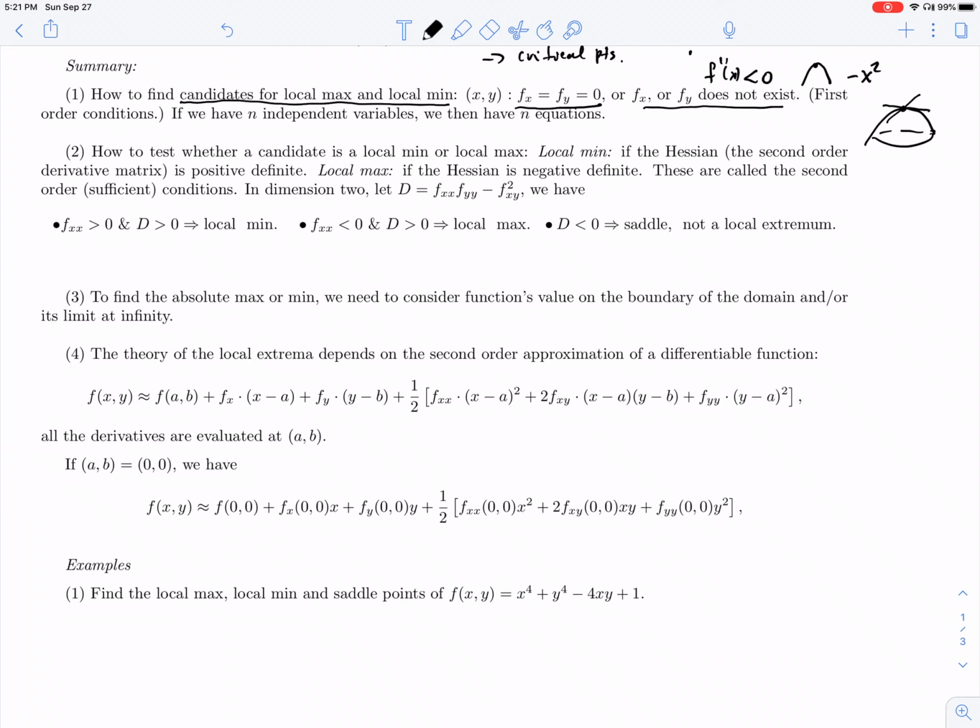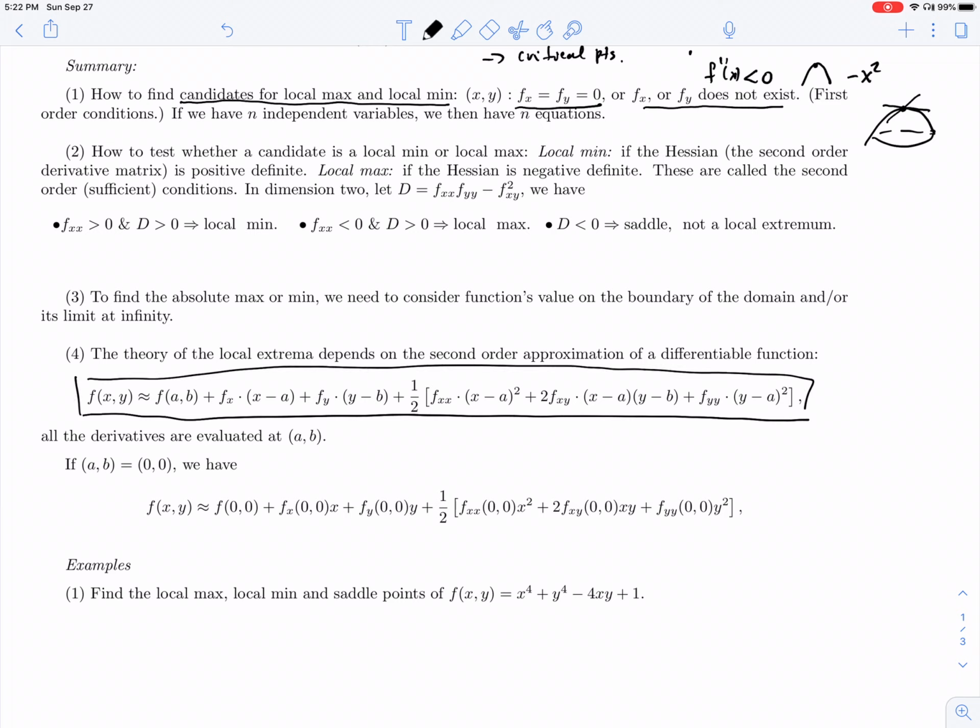Second order conditions depend on the so-called second order approximation of a differentiable function. Earlier, we looked at the function's linear approximation over here. This part is the linear approximation that we discussed. And this part over here is the second order. At a critical value, you can see fx and fy, these two derivatives, are 0.